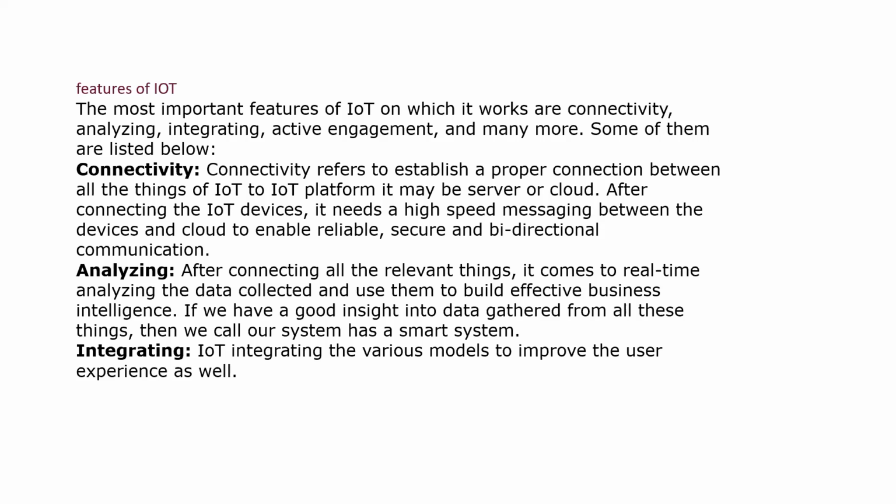And this capability of analyzing the data, processing the data, and providing it in the desirable form makes the Internet of Things system smart, or it adds intelligence to the Internet of Things, because analyzing will give it decision making capability. So the intelligence lies in analyzing the data.